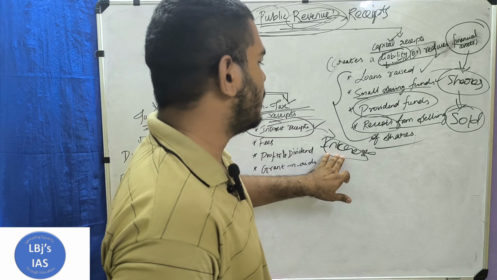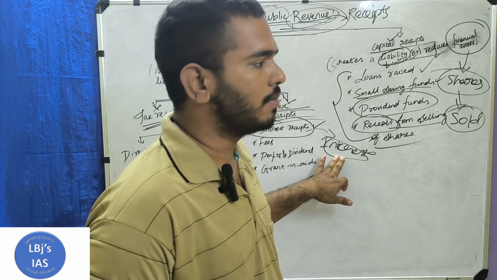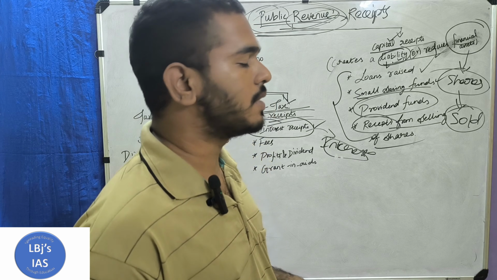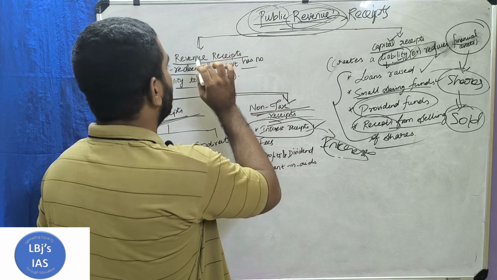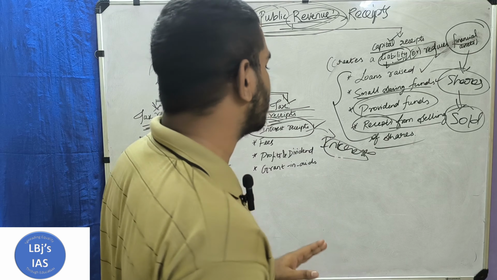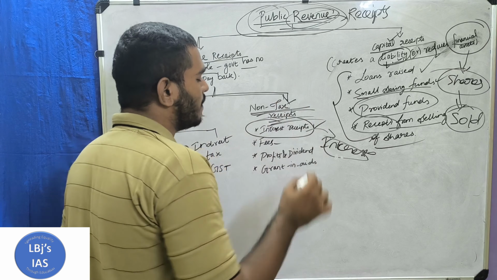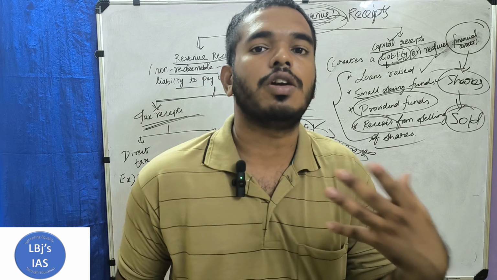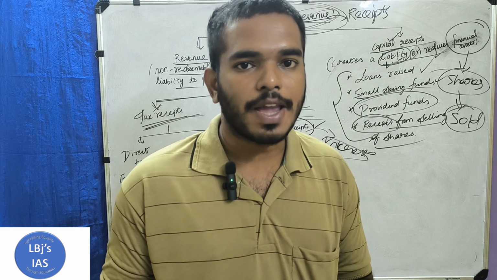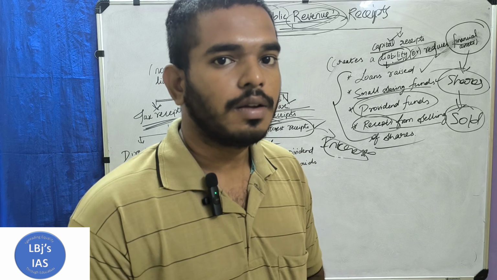Such interest does not create any liability, and does not reduce any financial assets of the government. So it is considered a revenue receipt, part of non-tax receipts, because it was not a tax, it was interest. Then fees on government services. We go to government offices to receive services and we pay a fee for that, right?